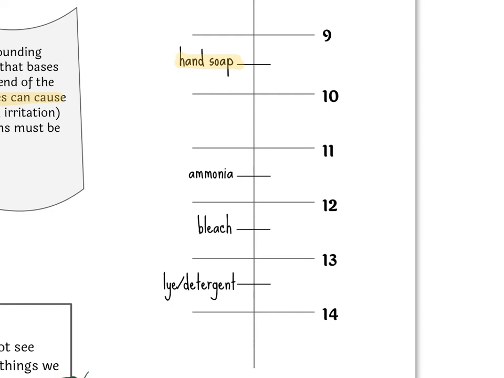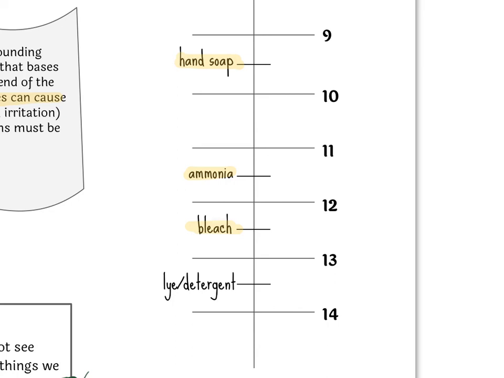So, ammonia is the first strong base that we'll talk about. And then at a 12.5, there's bleach. Bleach is a pretty strong base. It's not that safe of a compound.